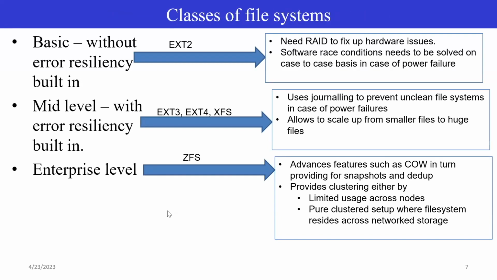For example, say we are moving a particular file from one directory to another. How does EXT2 solve it? It creates the new entry in the target directory, then it goes and removes the entry from the source directory. Because if it does it the opposite way, there's a very good chance that the user would have seen the result committed, but the entry is still there in the source directory.